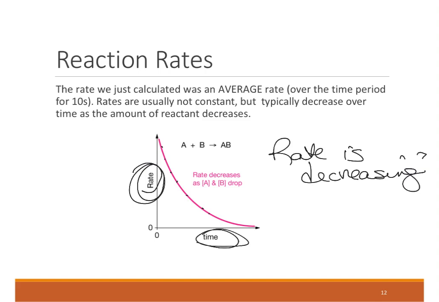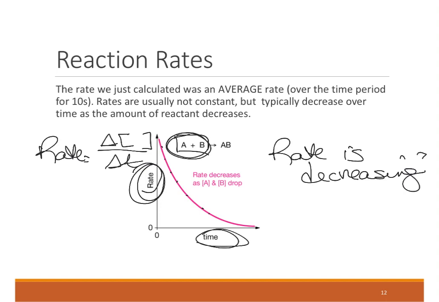Why would the rate decrease? Why would it get slower over time? Well, remember what rate is? Rate is change in concentration of reactants or products over time. The actual amount of reactants we have is decreasing over time.